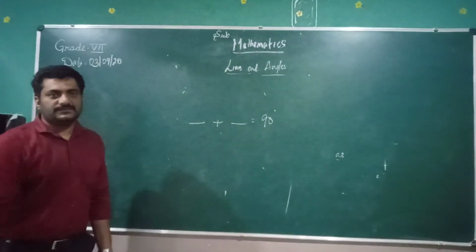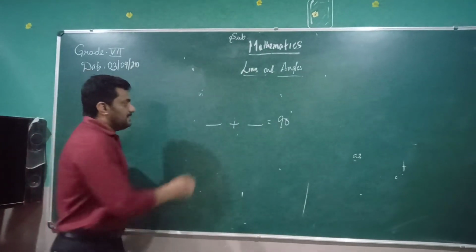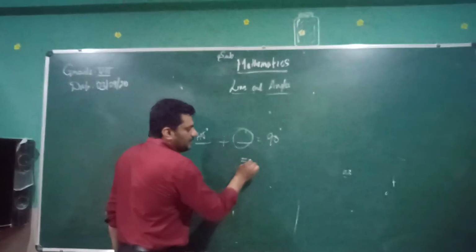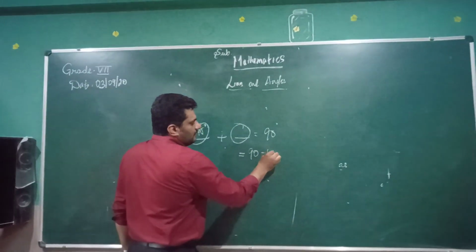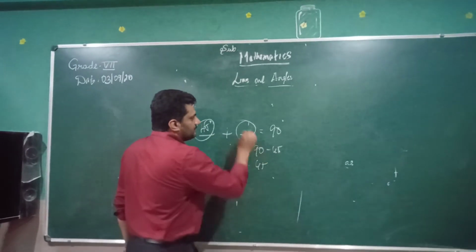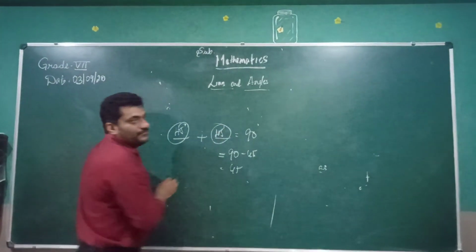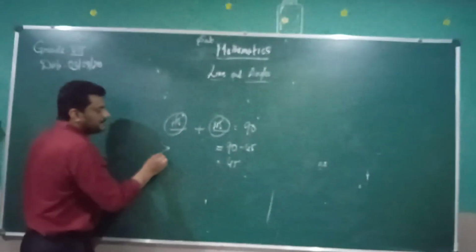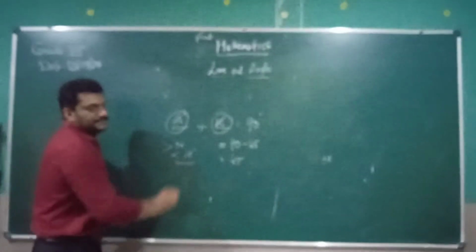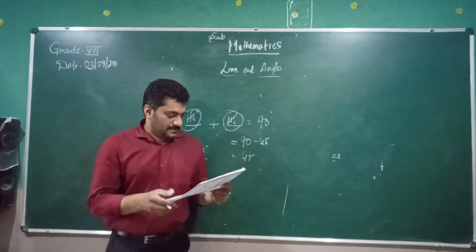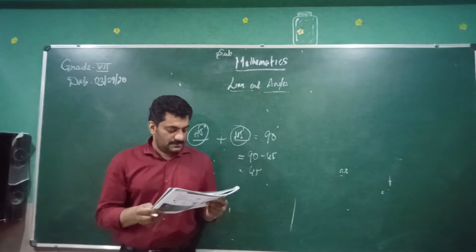When we add two angles, we have to get 90 degrees. Now if this is 45 degrees, how much does the other have to be? It has to be equal to 90 minus 45. That is nothing but 45. That means here I have to write only 45. It cannot be greater than or less than 45 degrees. Okay?